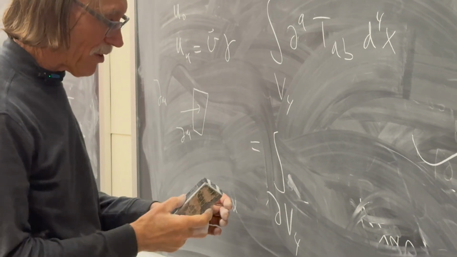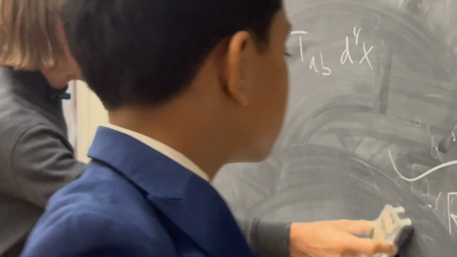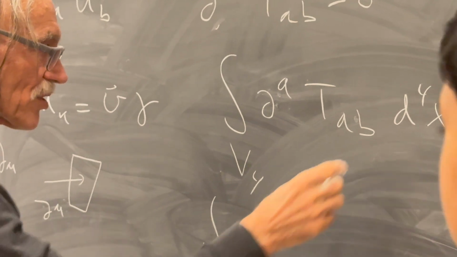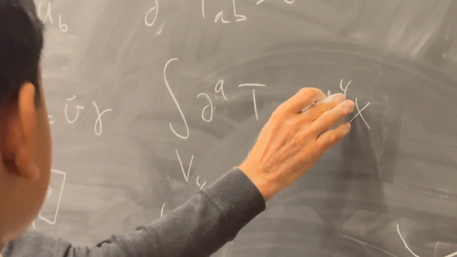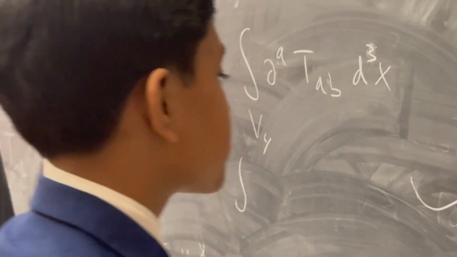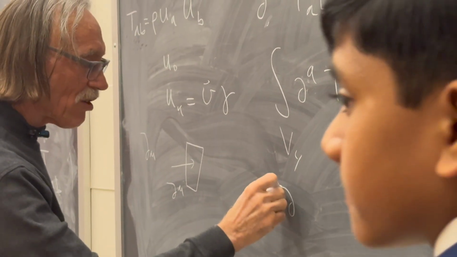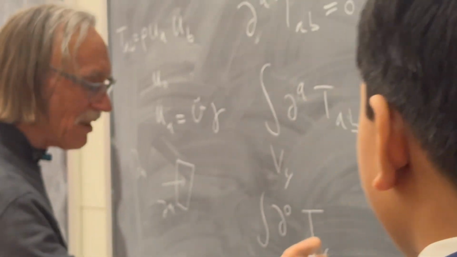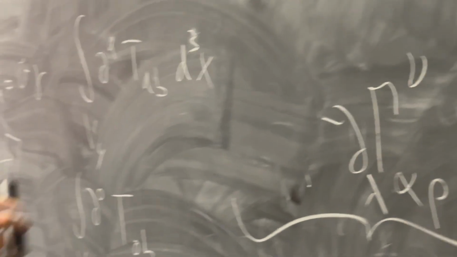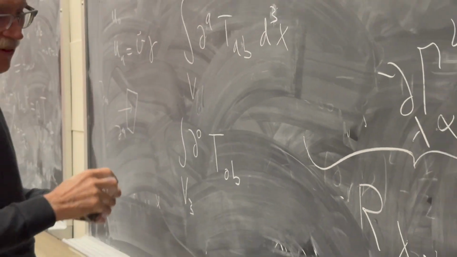Maybe I do it differently first. So what I do is I take the 0 component. So let me do a three-dimensional integral instead. So I have here the 0 component times T^{0B}, and now I integrate over a three-dimensional integral, so this is V3.